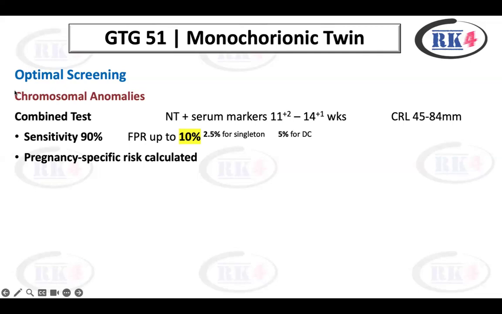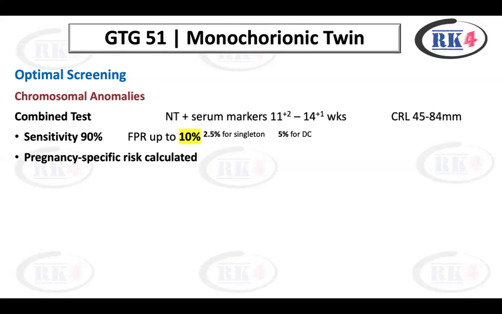Now, the combined test has a sensitivity of 90% for twins, and a false positive rate of up to 10%. I have highlighted this because it is important and vital information. The combined test is effective, and for singleton pregnancies the false positive rate is around 2.5 to 3%. For dichorionic twins, it's 5%.